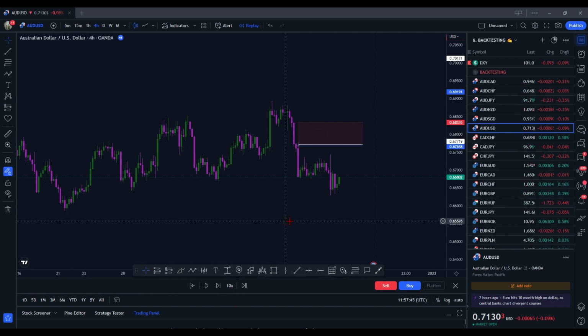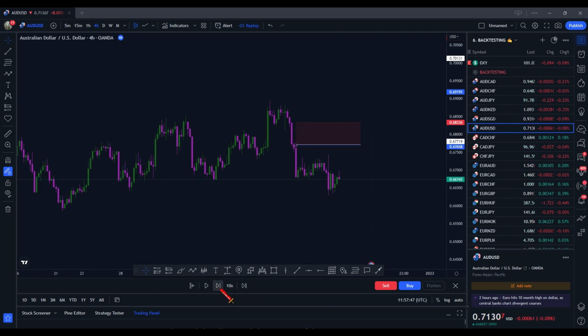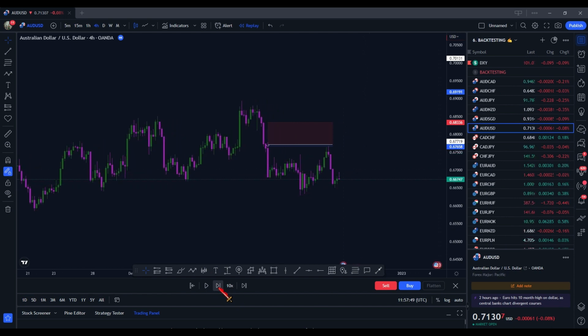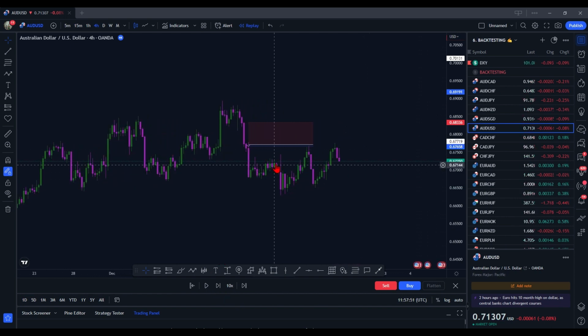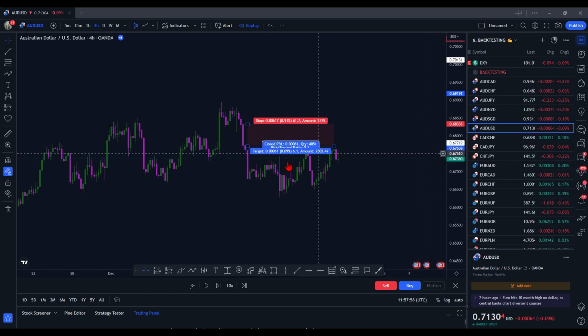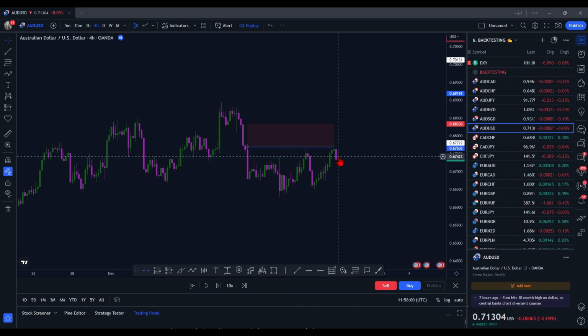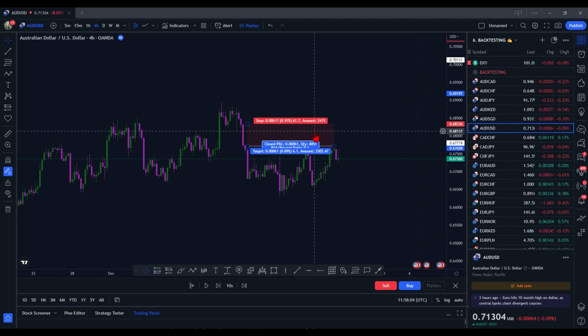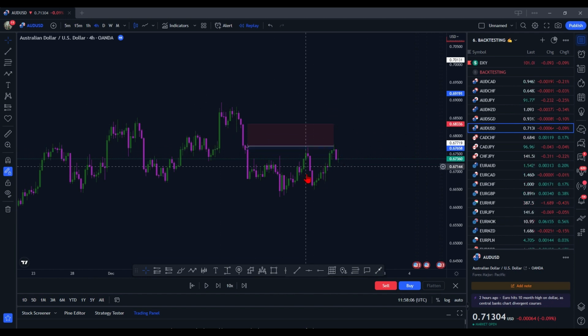Now I've been in this trade for, let's say, about 15 days, and then it just goes on and on and on, right? When I do take this break even, it's not actually a break even. It's hit me out at a break even position, but I've accumulated all of these swaps over that period of time. So what that essentially means is I've actually taken a loss, and that loss could be greater than my stop loss at that point, to be fair.